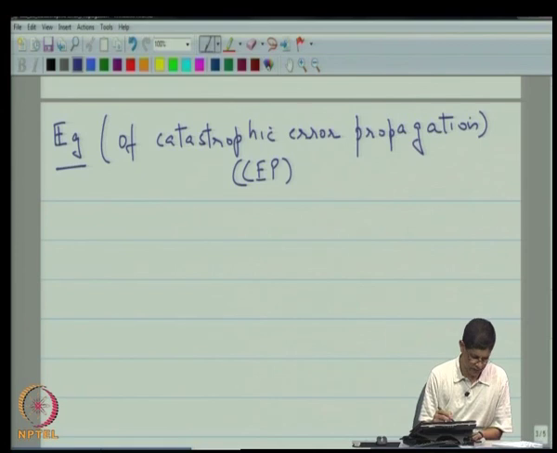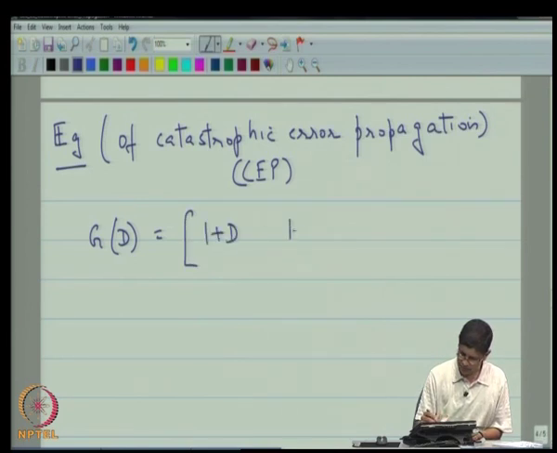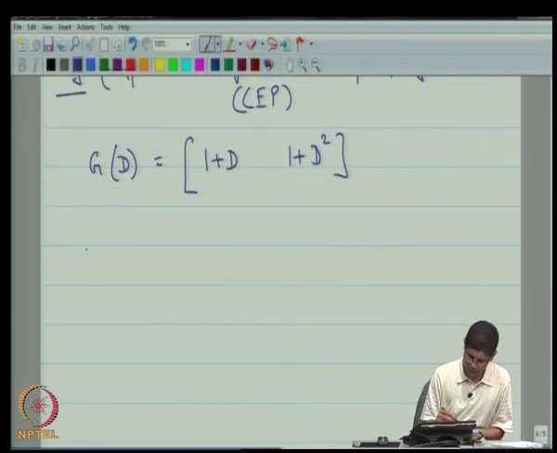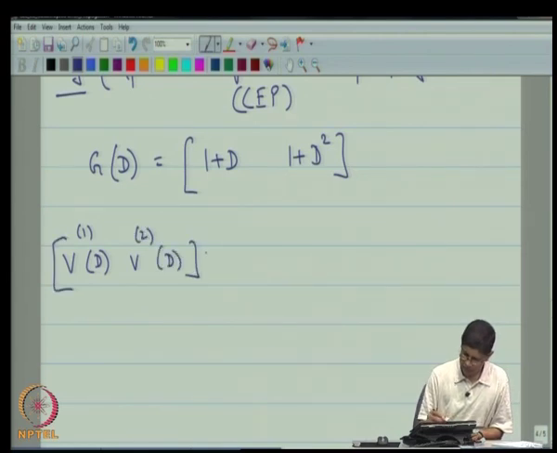So, consider the case when the polynomial generator matrix is given by 1 plus d and 1 plus d squared. And so, the input output relationship, as you know, is given by this equation.